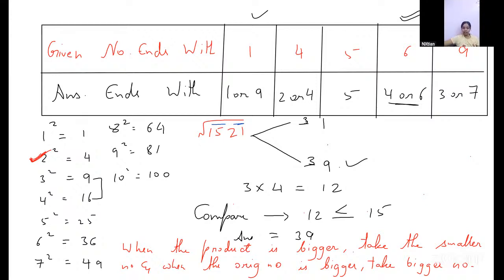Okay, Abraham. Ma'am, I have a question. Yes, Anaya. What about when we're not able to get the answer? What if it's not a perfect square number? Then the sutra will not be applicable, Anaya. First you have to check that it should end with the digits that I gave you all.